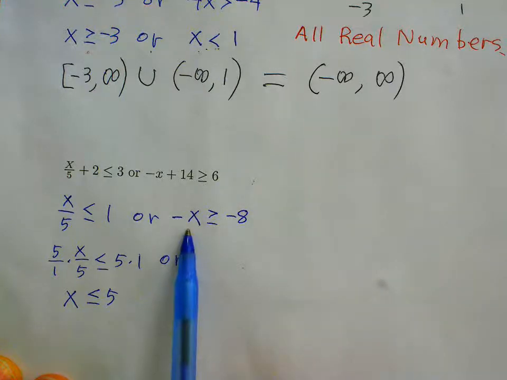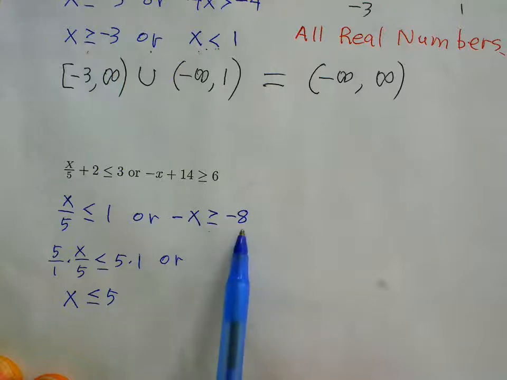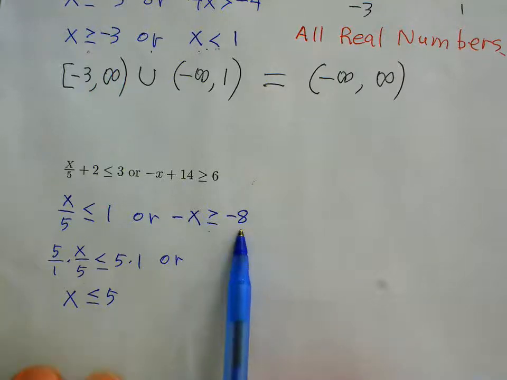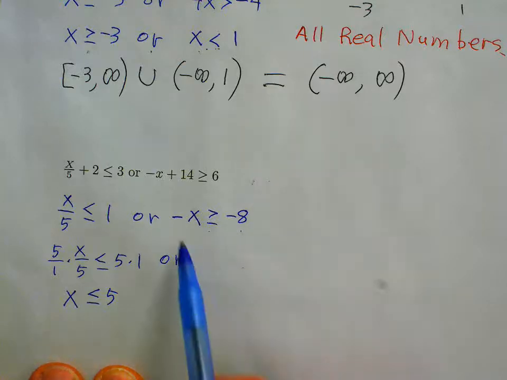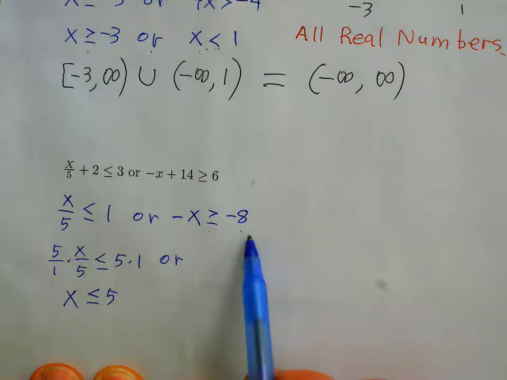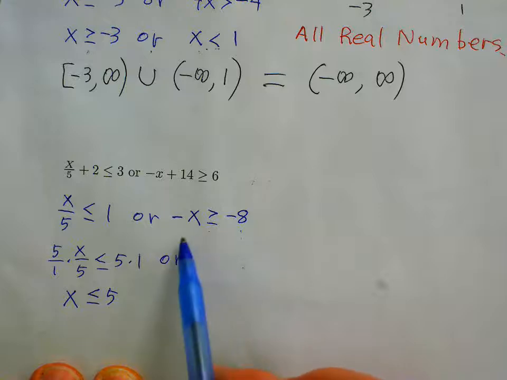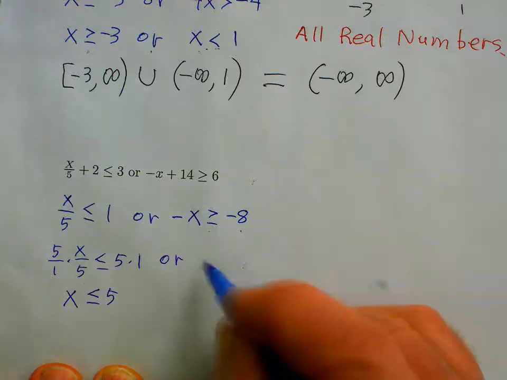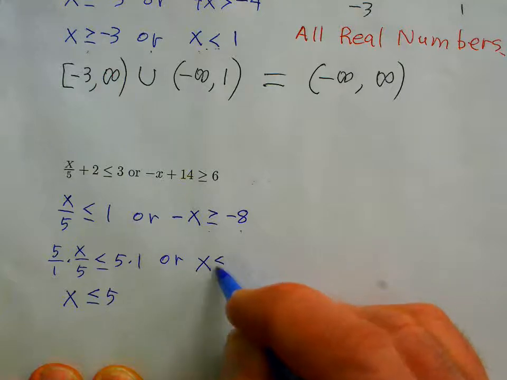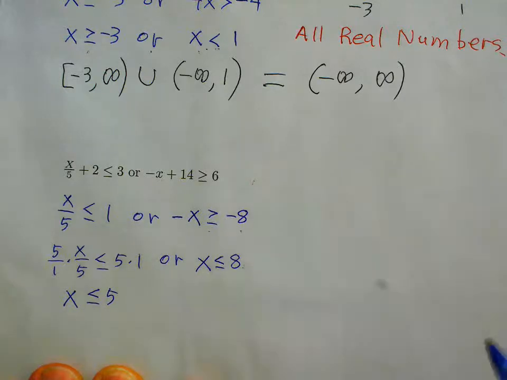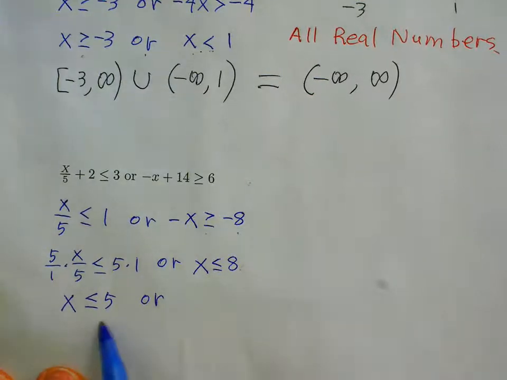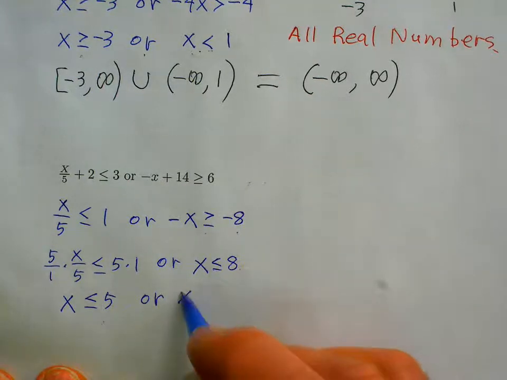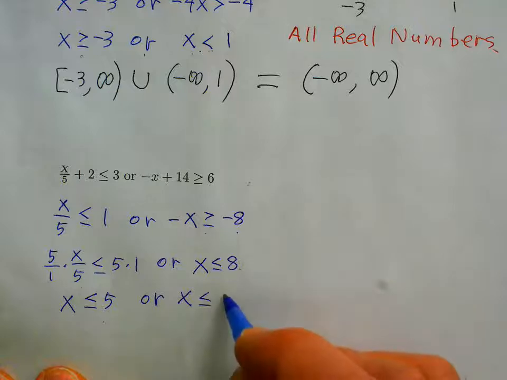And then -x is greater than or equal to -8. We can divide both sides by -1. In this case, we can multiply both sides by -1. Either way, we're going to get x is less than or equal to 8. Okay, so x is less than or equal to 5, or x is less than or equal to 8.